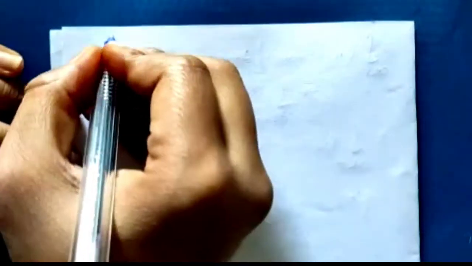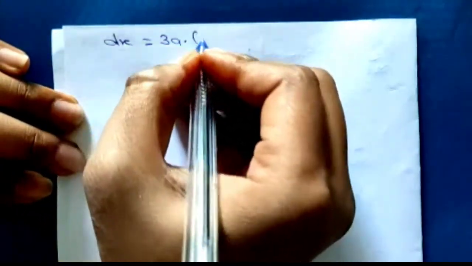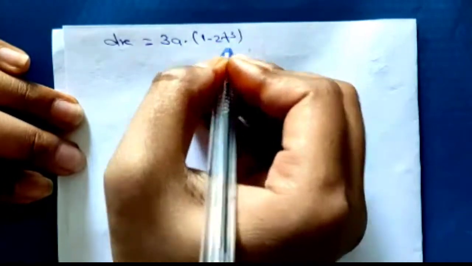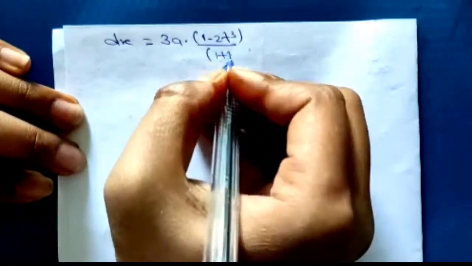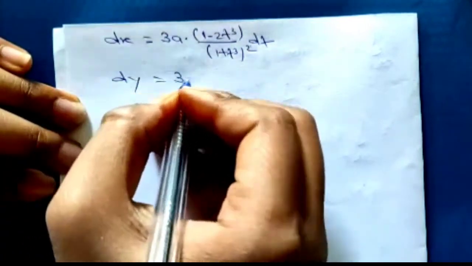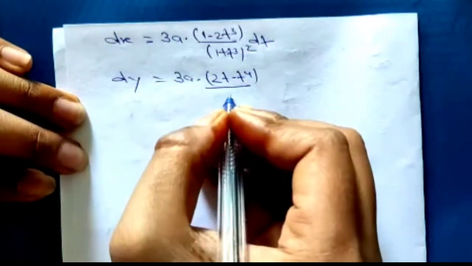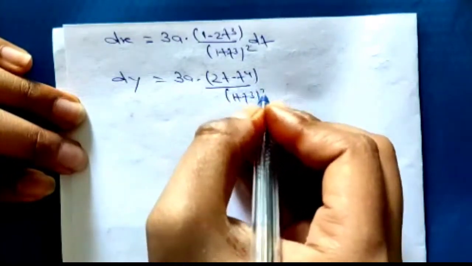Now we have to find dx. We got dx equals 3a times 1 minus 2t cube upon (1 plus t cube) whole square dt, and dy equals 3a times 2t minus t to the power 4 upon (1 plus t cube) square dt.